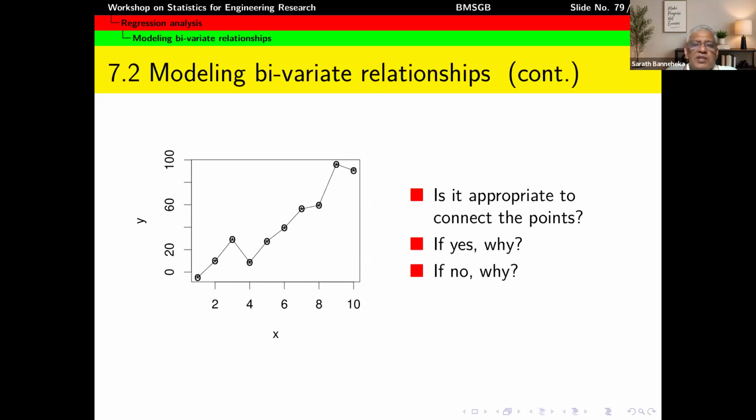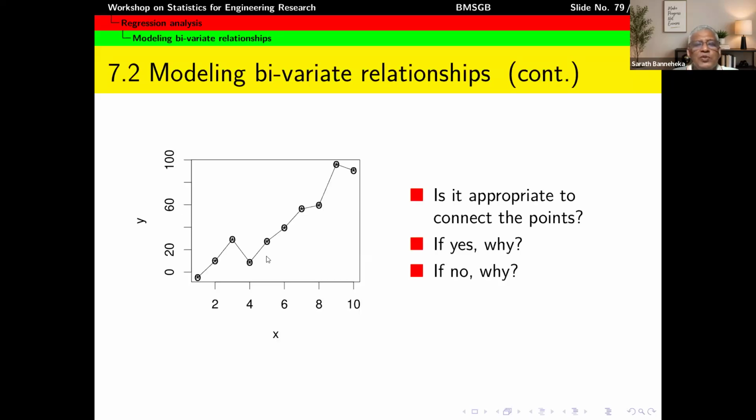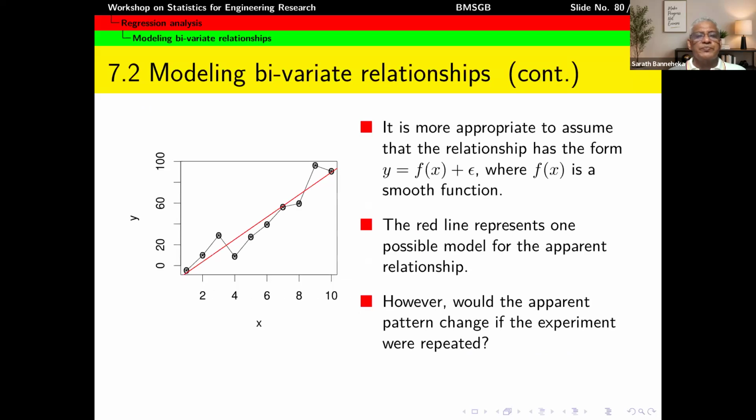Of course, connecting the points may be useful if you want to show, for example, an upward trend. But the upward trend also can be seen from this without connecting. I'm not saying that it is illegal to do this kind of thing, but it may give you a false impression also. So it's better to avoid any possible false impression.